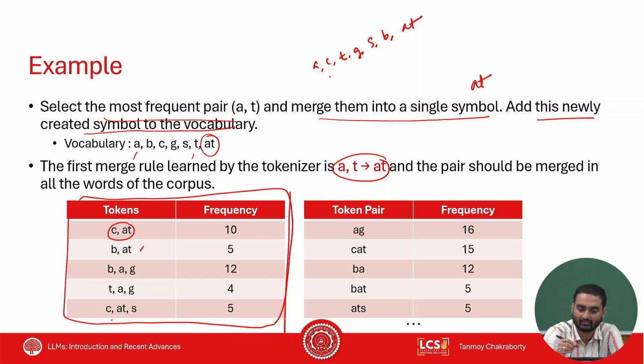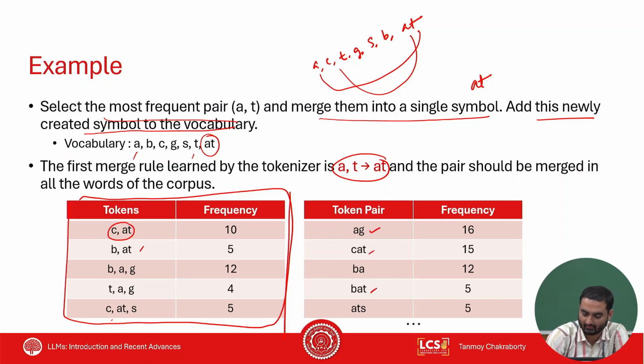Again, AC, AT, AG, and so on and so forth. Bigram possibilities are there. Trigram possibilities are also there. You can merge A with AT, AAT, C with AT, CAT, and so on and so forth. Bigram and trigram possibilities are all there. As you see, this is a bigram possibility, and these are trigram possibilities. This is again another bigram possibility, and so on. This is a partial table, by the way.